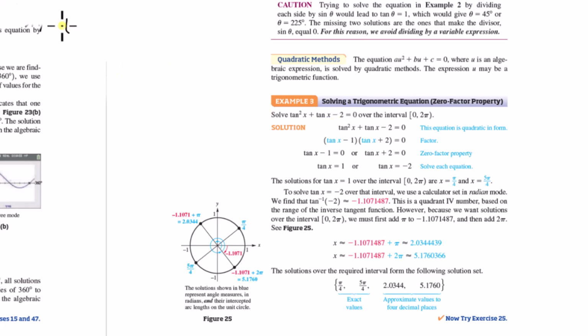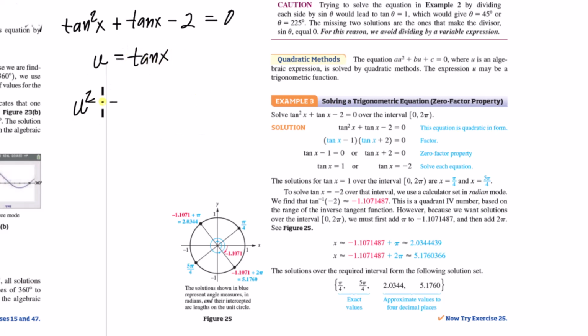So we've got tangent squared x plus tangent x minus 2 is equal to 0. You could say that u is equal to tangent x. And so therefore you have u squared plus u minus 2 is equal to 0. Now this is a quadratic equation that we learned to solve in algebra. So we factor this.